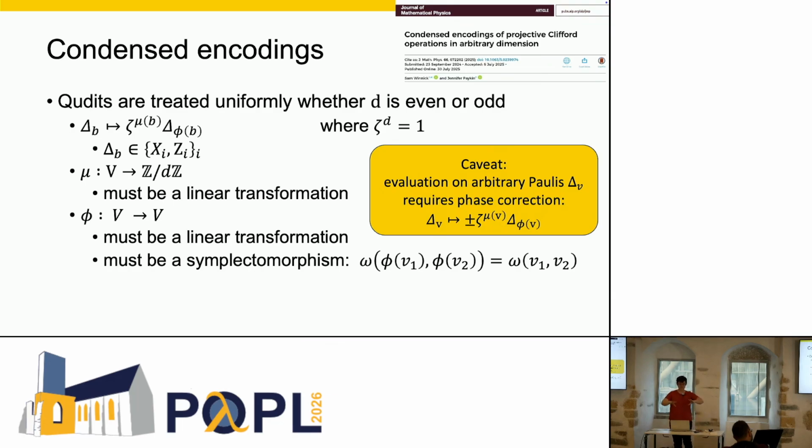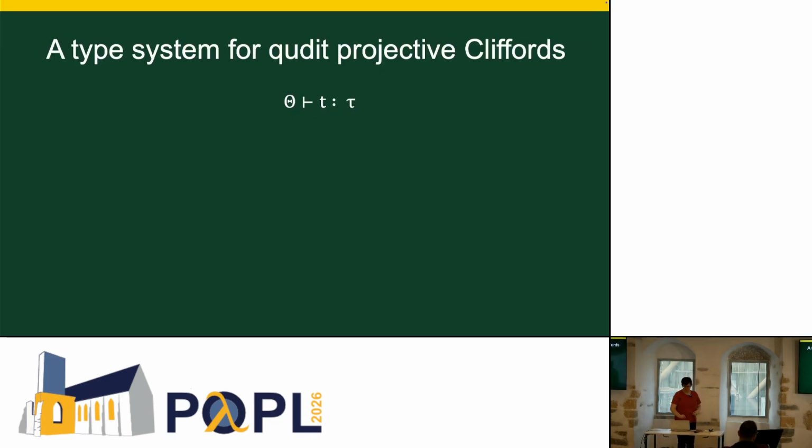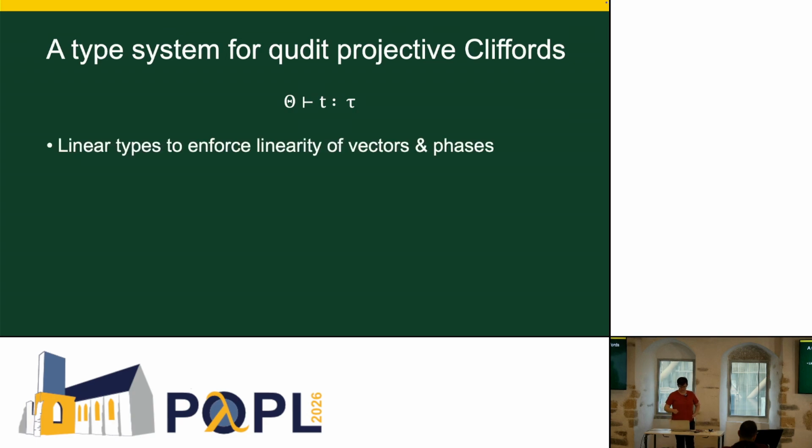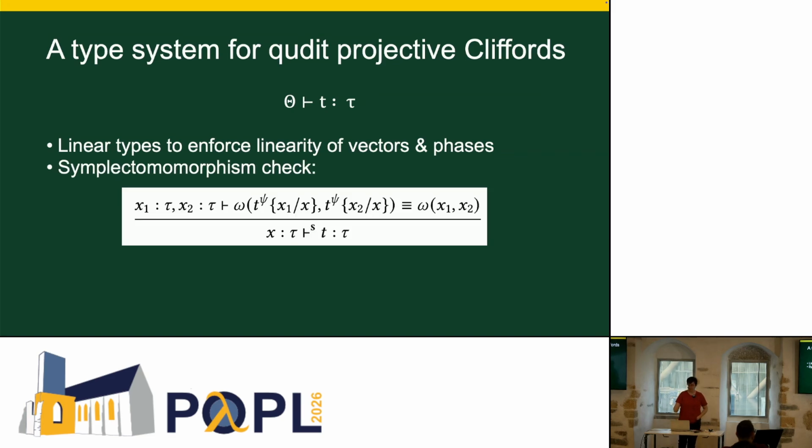OK, so this condensed encoding is going to be our structure for our type system. Our type system for projective Cliffords has the following form. It uses linear types to enforce that property of linearity for both vectors and the phase function φ. It uses a special symplectomorphism check to check that symplectomorphism property.